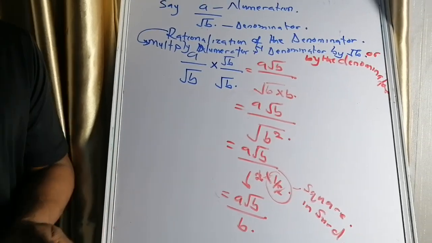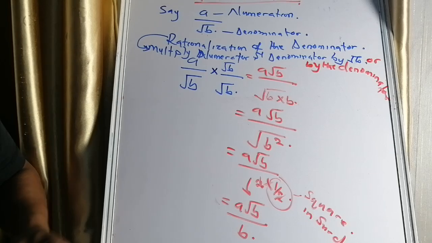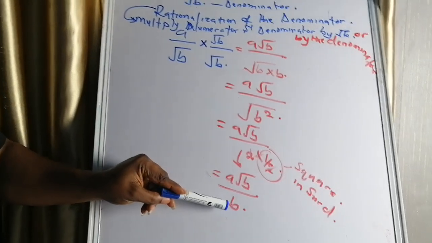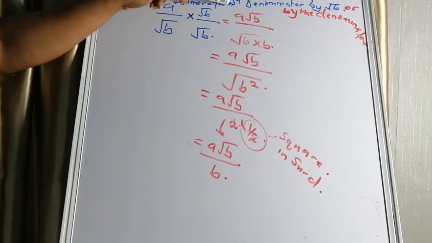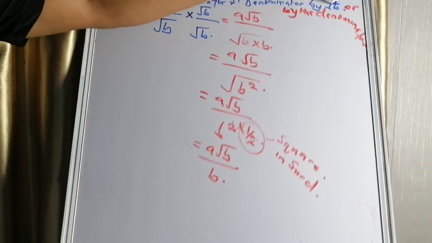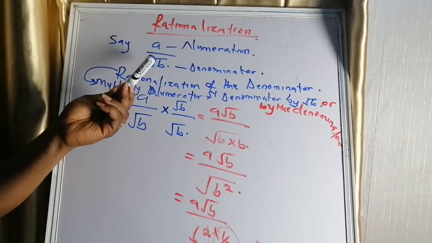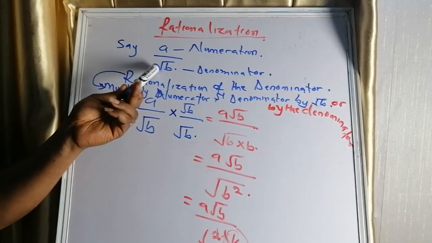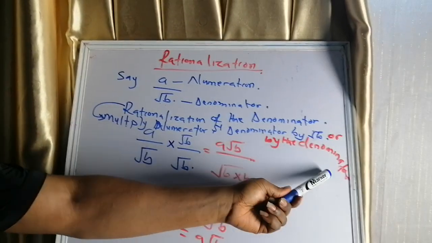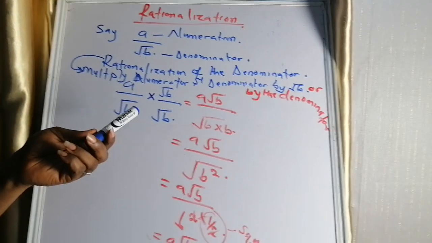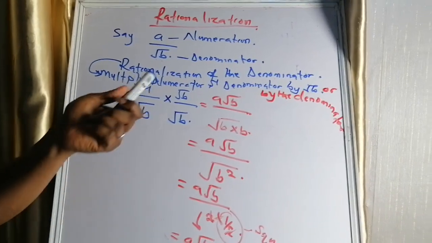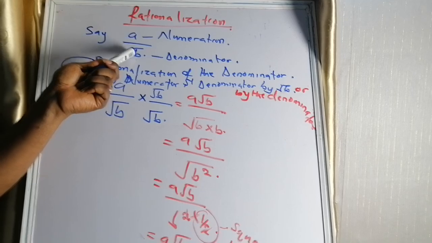You can see that what I've achieved here is to have removed the surd in the denominator. Look at here now: multiply numerator and denominator by root b, according to what I wrote as example here, or by the denominator. Rationalization involves removing the surd from the denominator.